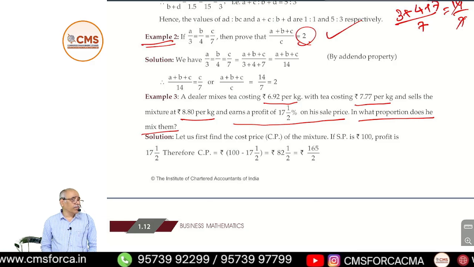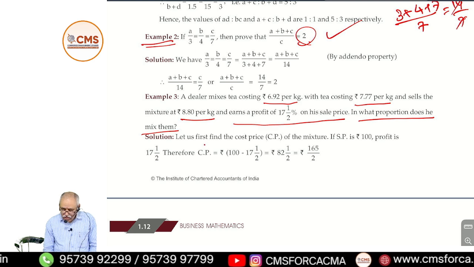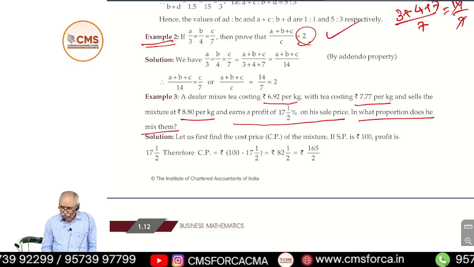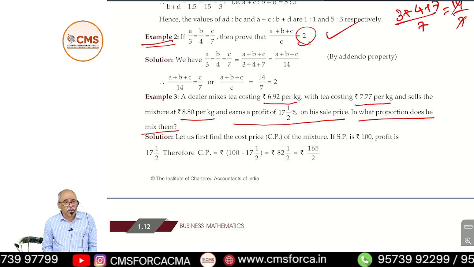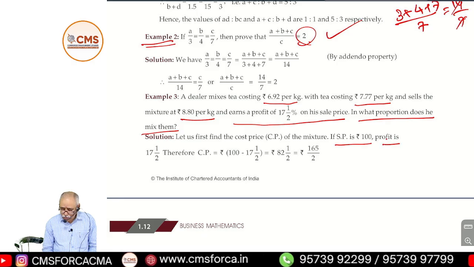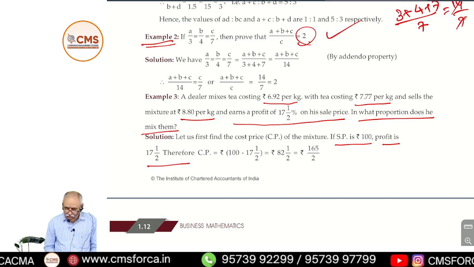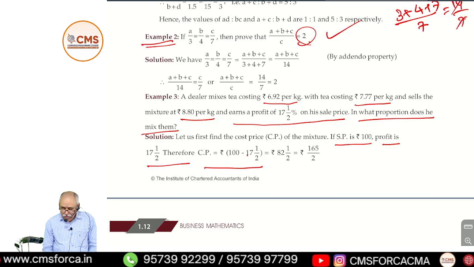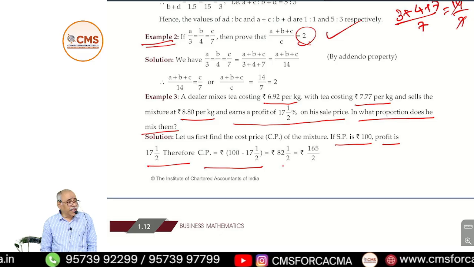This is the question. First let us find the cost price, CP, of the mixture. If SP is 100 rupees, what is the profit? If selling price is 100, the profit is 17.5. So what is the cost price? 100 minus 17.5, and the cost price will become 82.5.